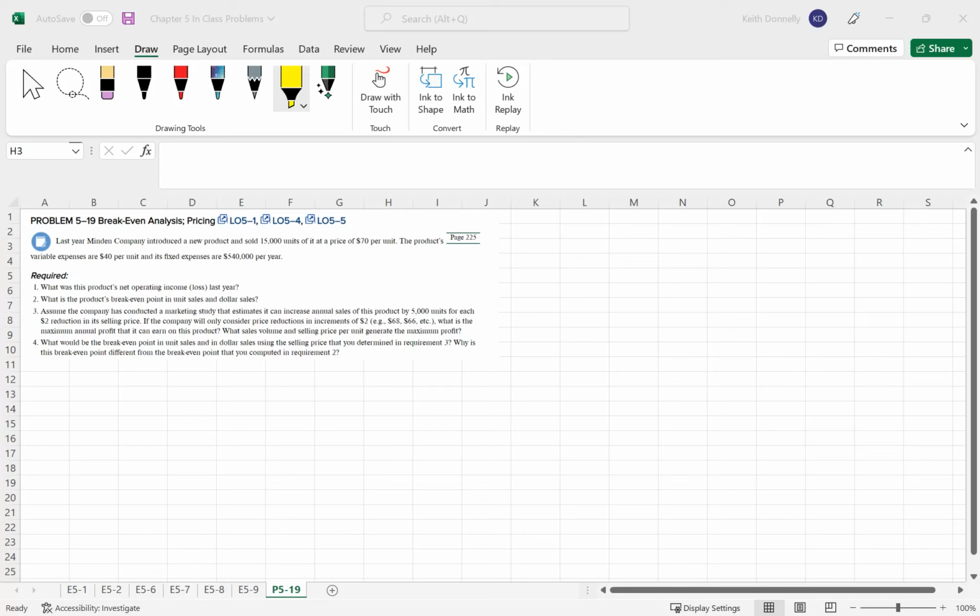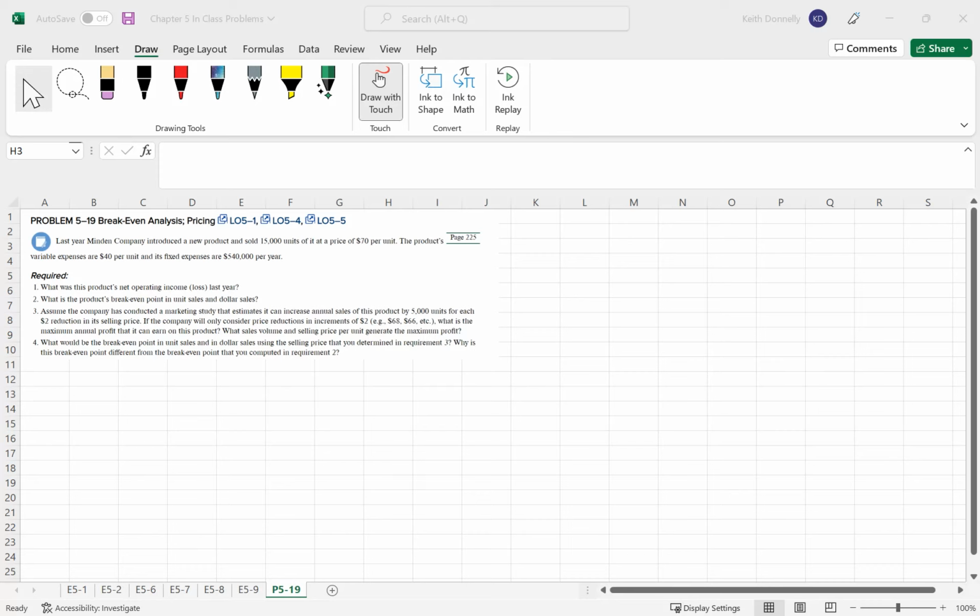They want us to calculate, 1, what was the product's net operating income or loss from last year? 2, what is the product's break-even point in unit sales and dollar sales?